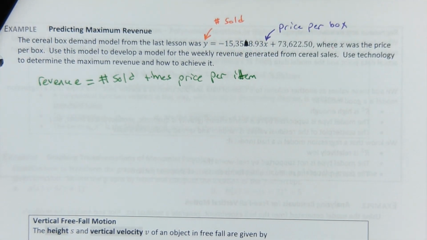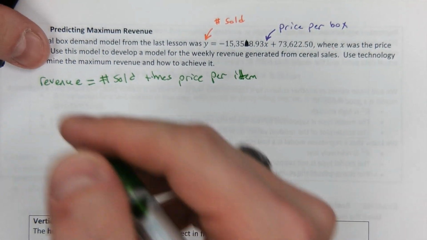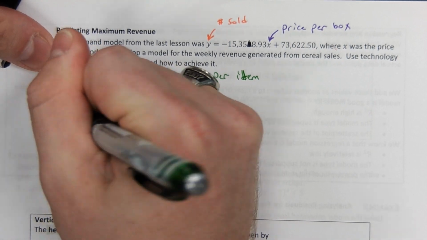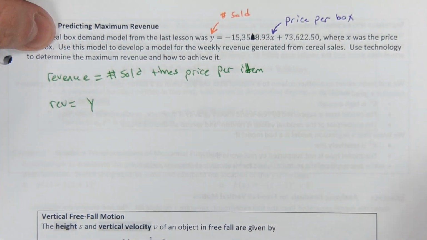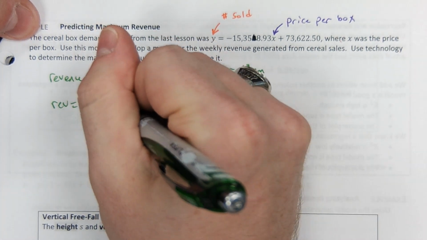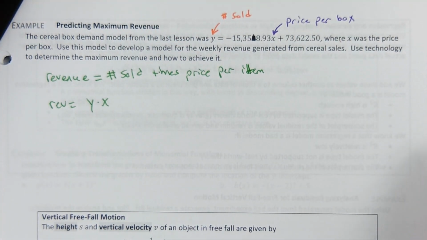Okay, so revenue is the number of items sold times the price per item. So what is our revenue equation? Well, the number of items sold was Y, and the price per item was X. Y times X.